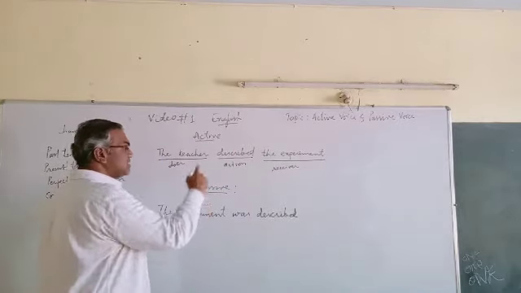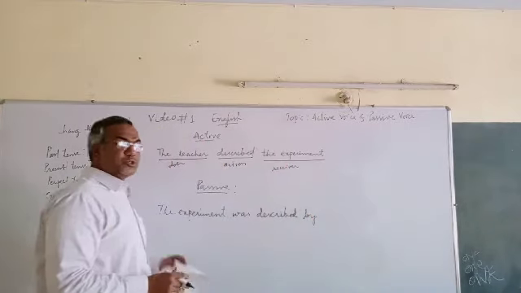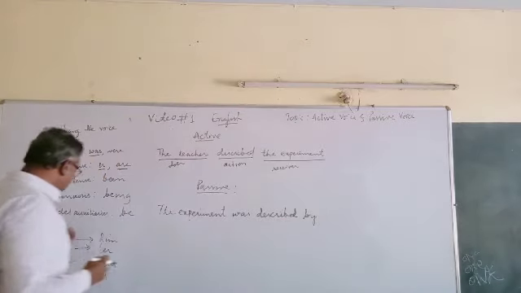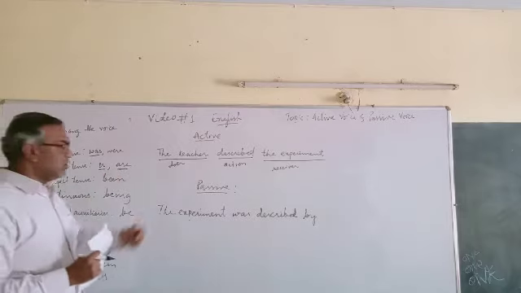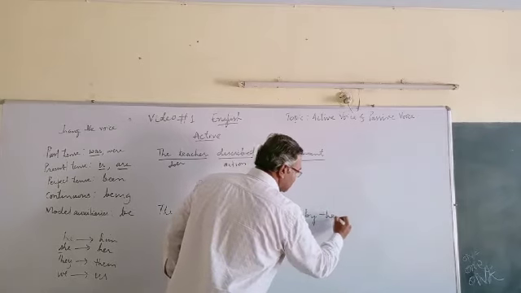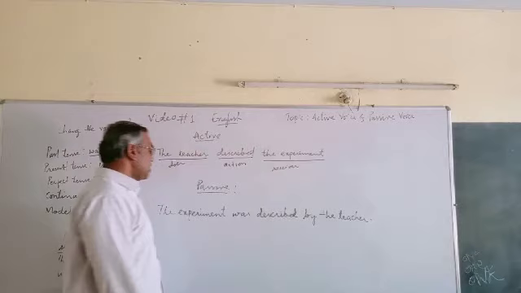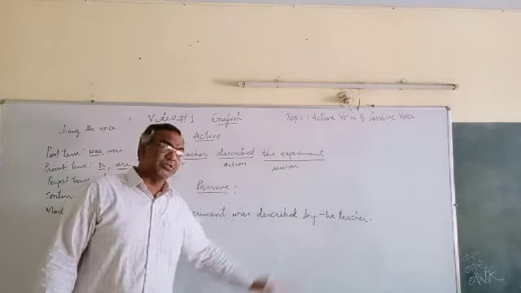The experiment was described, then the conjunction by. And I told you, if it is a noun, it is kept as it is. Only pronouns will change, nouns will not change. The experiment was described by the teacher.